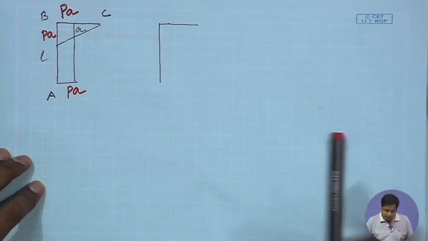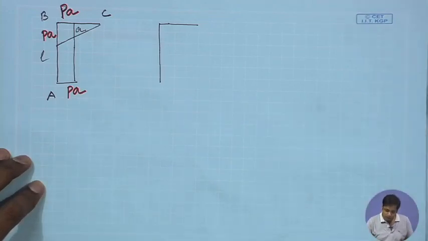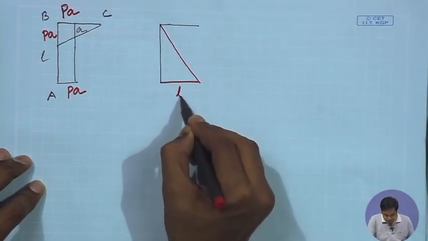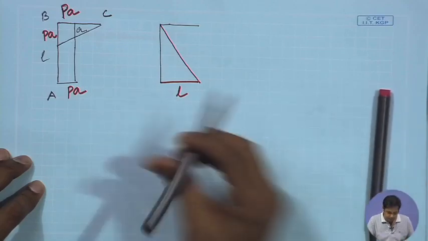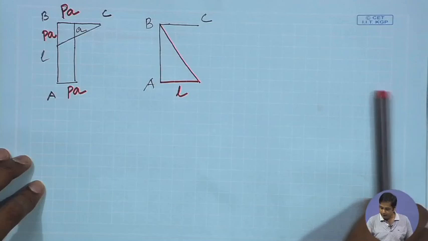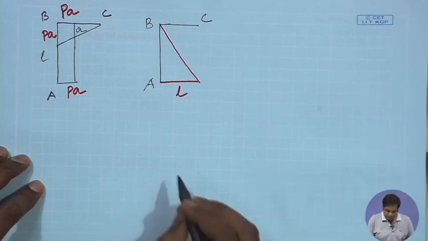And for unit load, this is the bending moment diagram, this distance is L, this is A, B, C. Okay. Now, what will be delta AC?